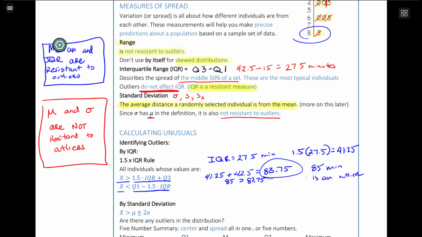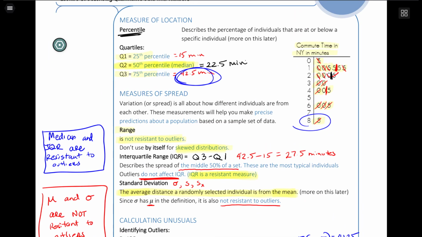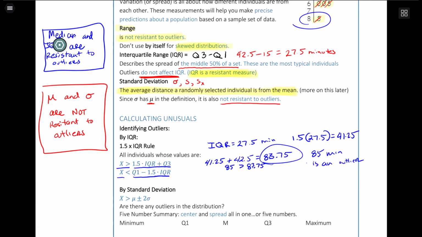Now, we want to look at the lower side too. So now what we do is we start with Q1, and our Q1, if we go back up and look, our Q1 was 15 minutes. That was our first quartile. So we have 15 minutes minus 1.5 times the IQR, minus the 41.25 calculation that we did before. And when we subtract those two, we end up with actually something that doesn't make a whole ton of sense.